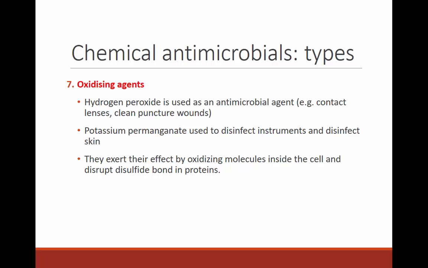So number 7 is oxidizing agents. You've probably all used hydrogen peroxide on a wound. Why, you ask? Well, when you put it on a wound, it will actually break down and produce water and oxygen.